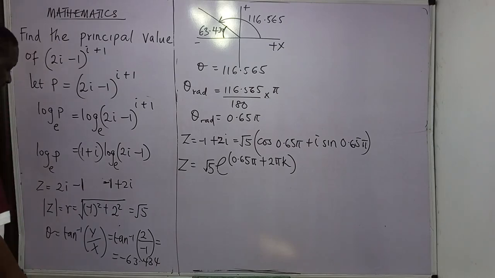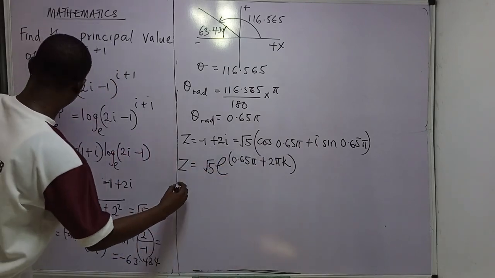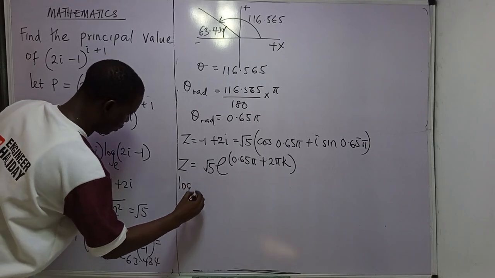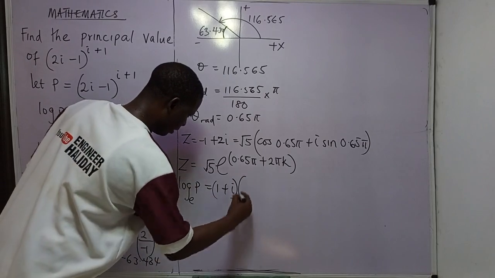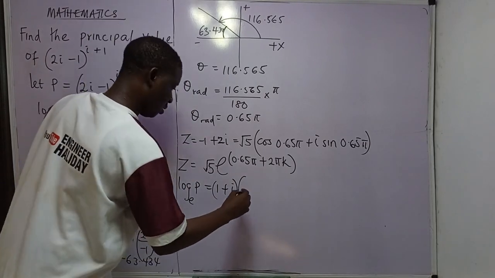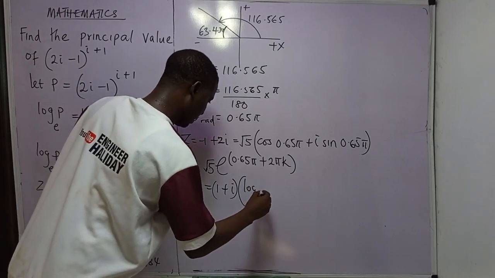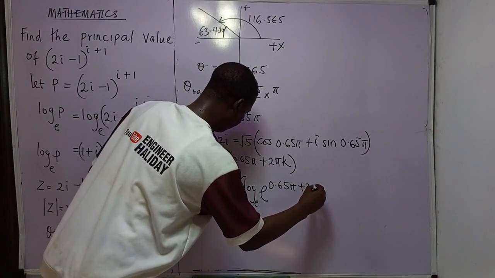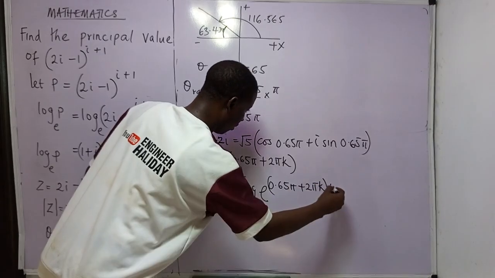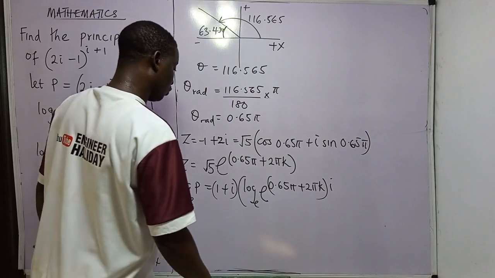Now, after doing that, let us put them here. So we are going to have log to base e of p equals 1 plus i into the bracket, log to base e of root 5 e to the power of (0.65 pi plus 2 pi k) i.